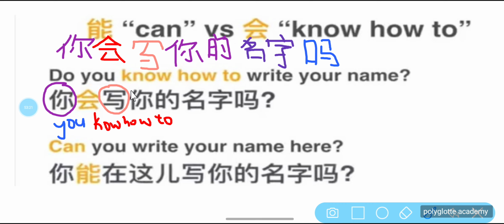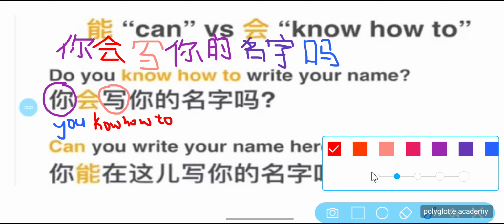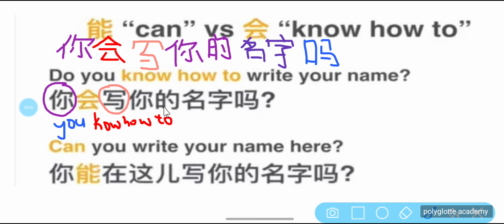Then the next character, xiě, which is to write. Maybe write a letter, since it's the only character which is write. So that's write. That's a character meaning to write something down.